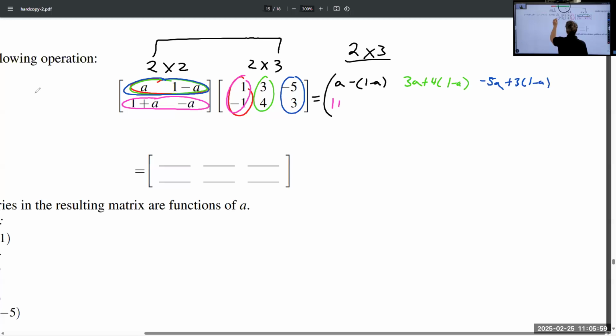And that's going to be 1 plus A plus A. Row by column. Row by column. 3, 1 plus A minus 4A.